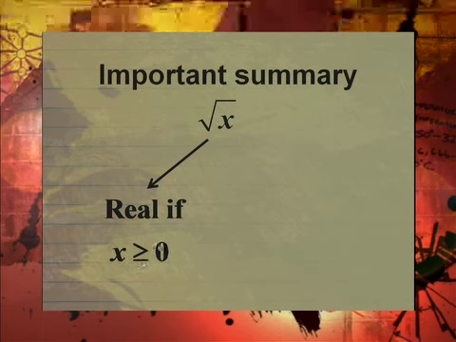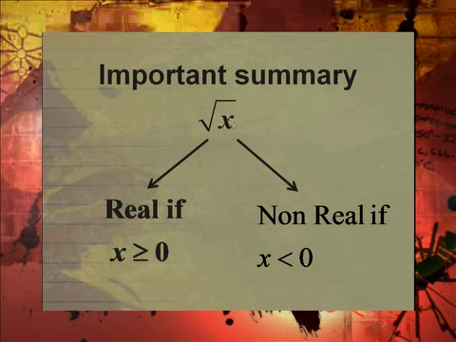Greater than 0 means a positive number. Then we say the answer that comes out of that is a real number. And this will be non-real only if the inside is negative, less than 0, associated with negative. Good. Know these two things.